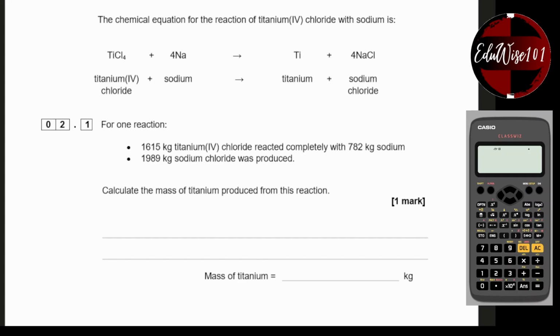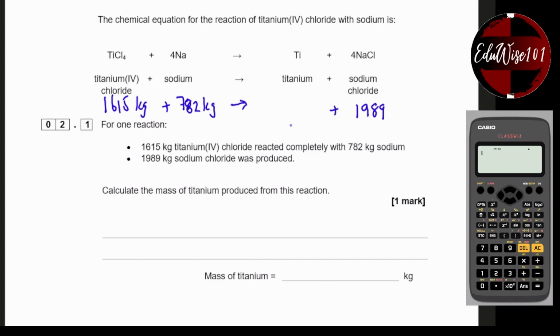So let me write these numbers below in the equation. 1615 kilograms of titanium chloride is reacted completely with 782 kilograms of sodium to form 1989 kilograms of sodium chloride.